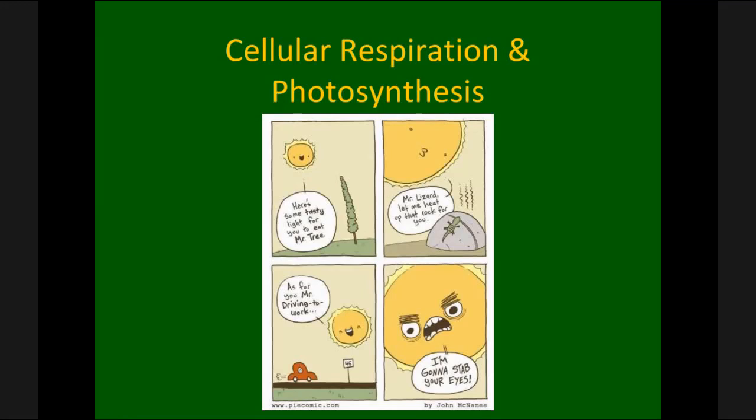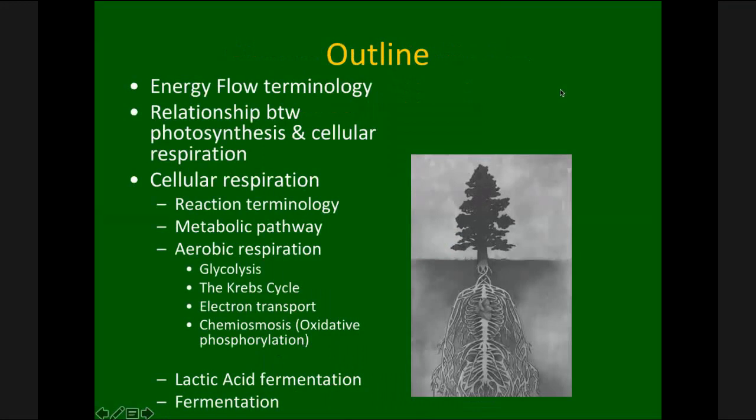These 2 pathways. So pretty darn important. And remember, they are both going to be using electron transport chain and chemiosmosis or oxidative phosphorylation. They both use that process. So for cellular respiration and photosynthesis, I always joke that they go like this in terms of regulating life on Earth, right?